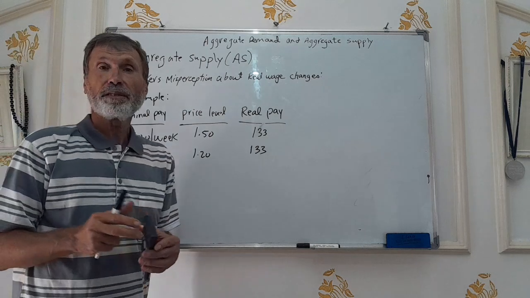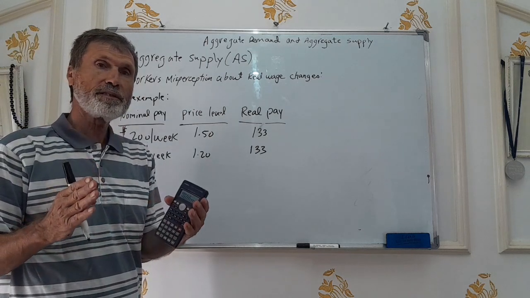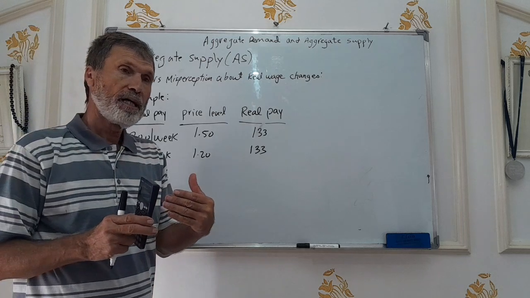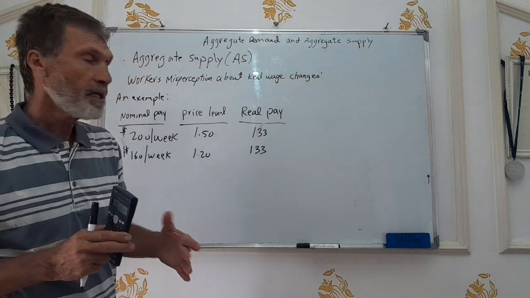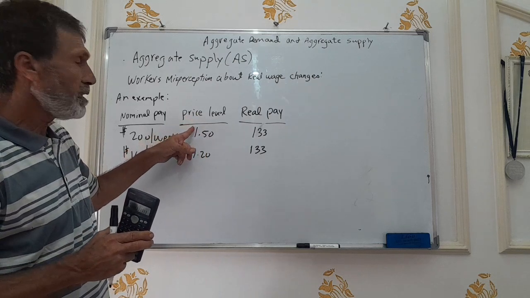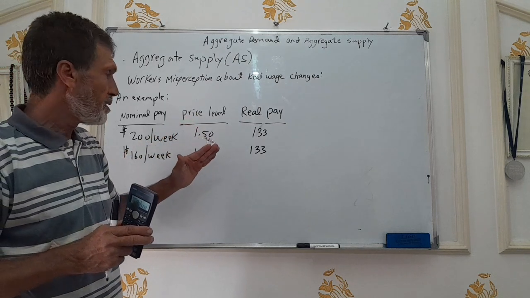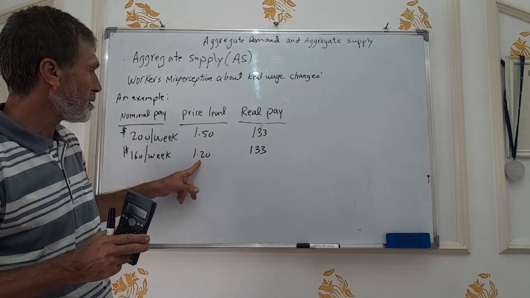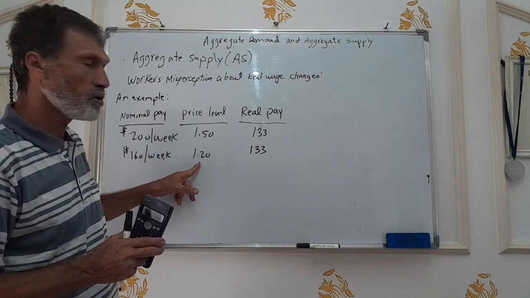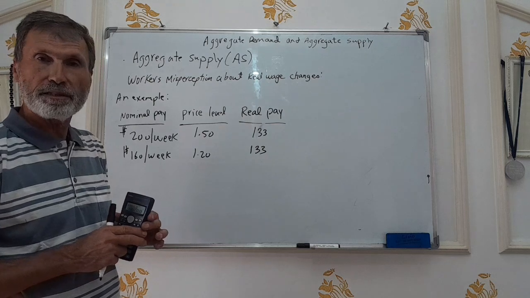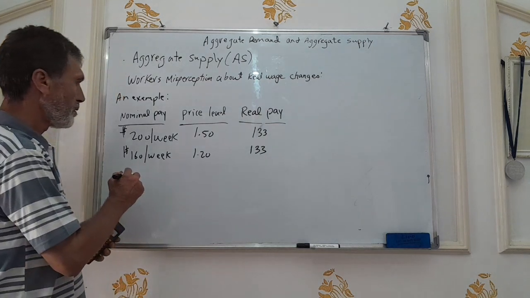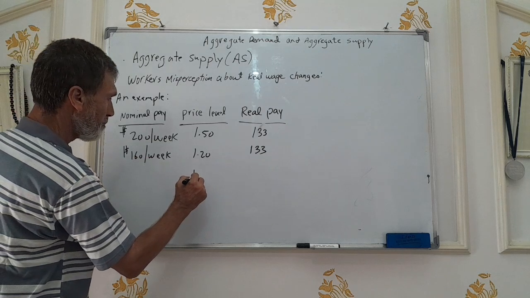Now, however, workers mistakenly think that the price level has, yes, indeed, declined, but not to 1.20 from 1.50. Perhaps it has declined maybe to 1.40. Okay, here price level declined to 1.40.